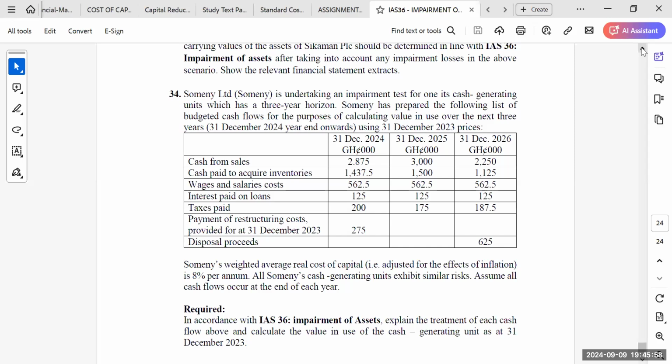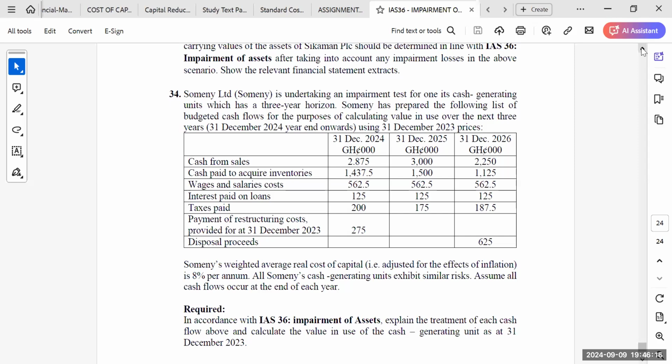Somebody has prepared the following list of budgeted cash flows for the purposes of calculating value in use over the next 3 years, that's 31st December 2024 year end onwards, using 31st December 2023 prices.